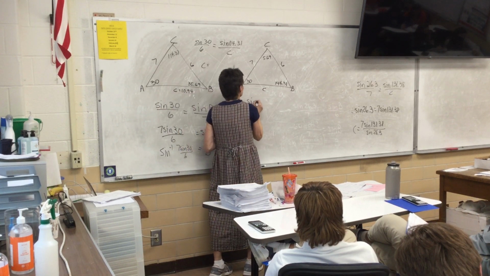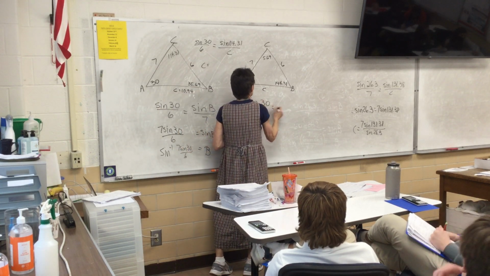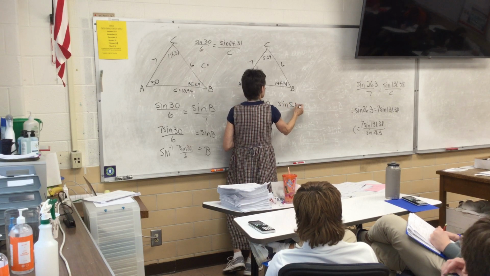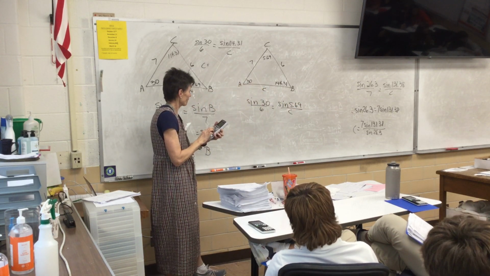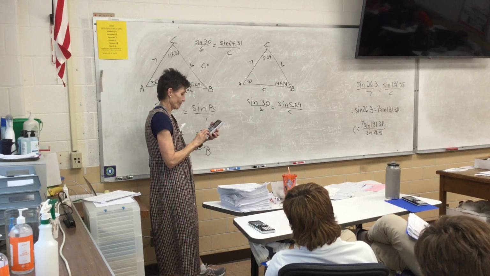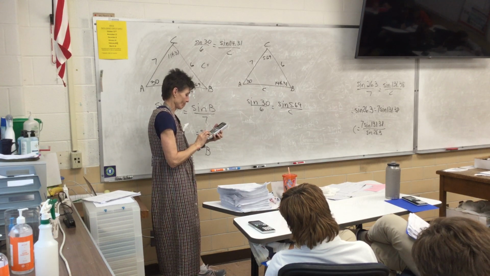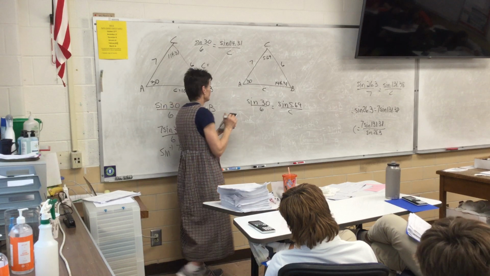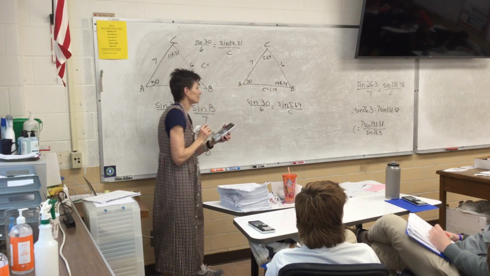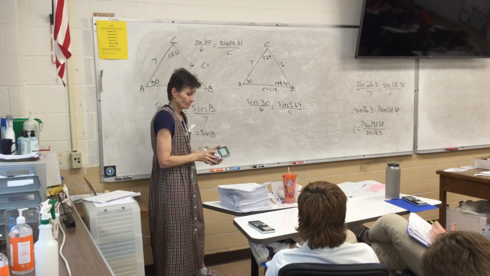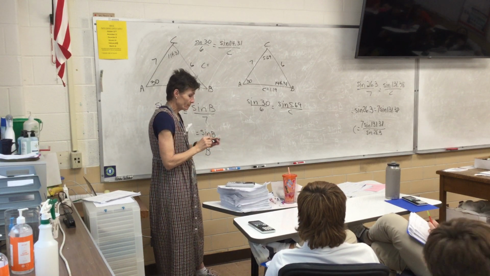And then sine 30 over 6 equals sine 5.69 divided by C. Ooh, 1.19. Tell me if that's what you got.